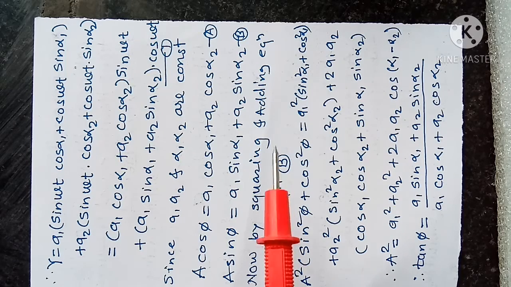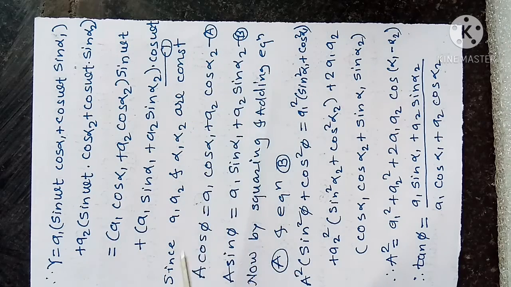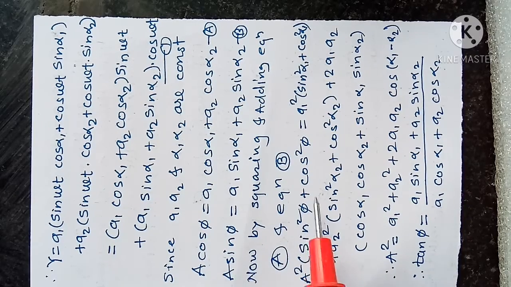Now by squaring and adding equations A and B, squaring LHS and RHS and adding, we get on the LHS A square (sin square phi plus cos square phi).